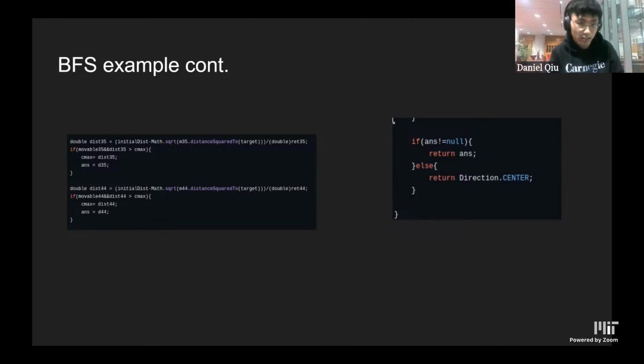So ret is essentially a way to count how many turns it costs to get to a certain location, and we want to minimize the cost it takes to get to a certain location, or rather we want to maximize the speed we approach any location. So we have Cmax, and then we have the answer, which keeps track of the best direction to move towards. So yeah.